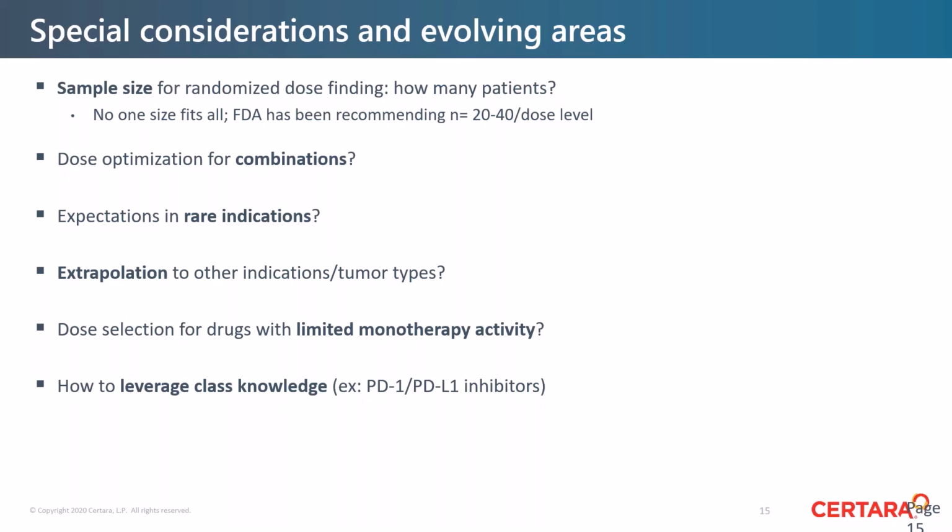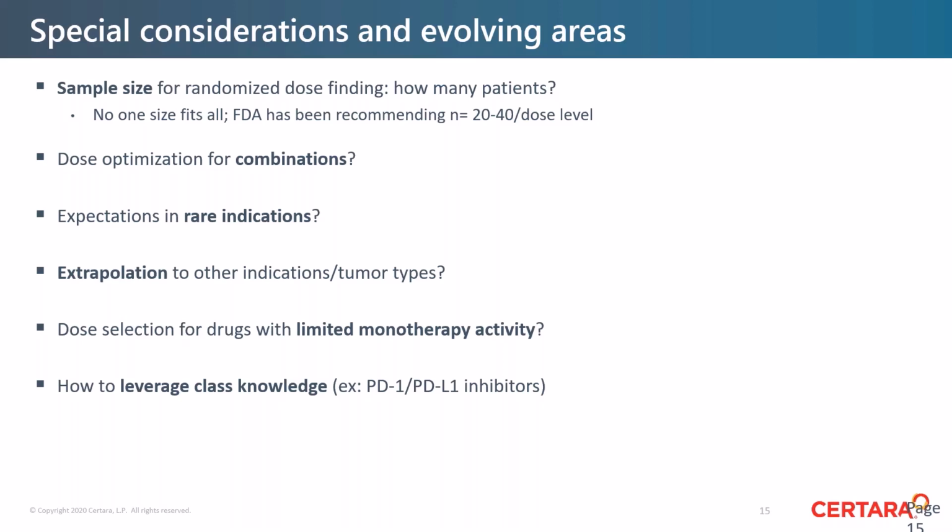Are they new drugs, or is one or the 2 drugs already approved? And if one of the drugs is already approved, is it approved in the indication of interest or in another indication? Also, has its dose been dose optimized? So all these factors will impact the complexity of the combination dose optimization.